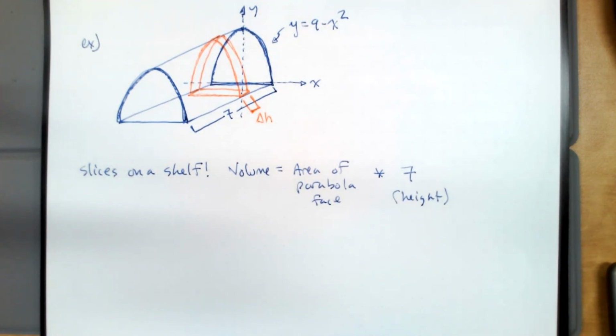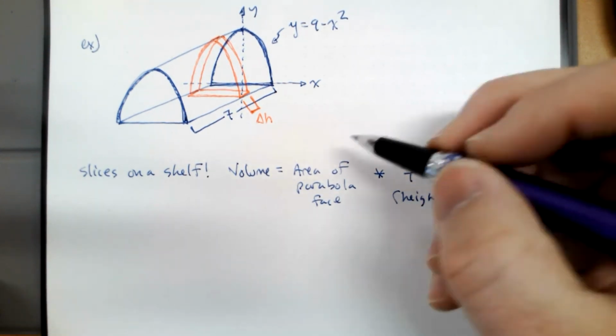This is because when we slice this vertically as slices on a shelf, the slices are all the same size. The slices are all the same size, so we get to use multiplication.